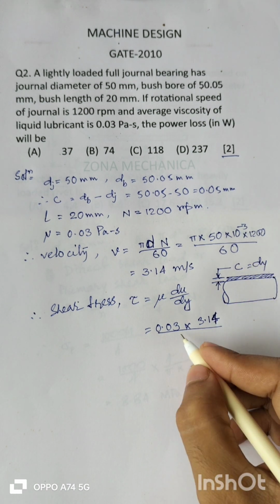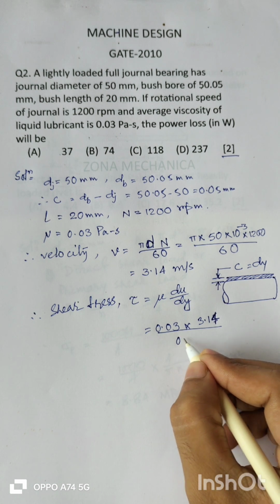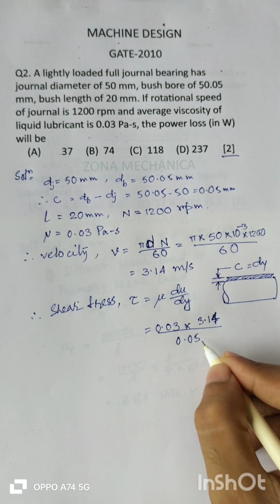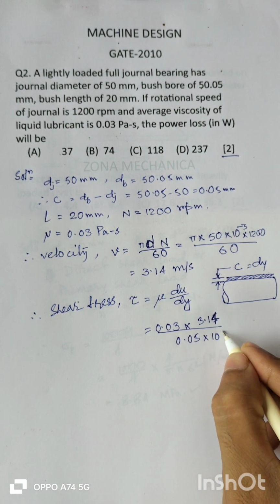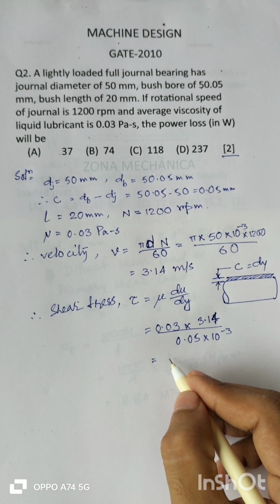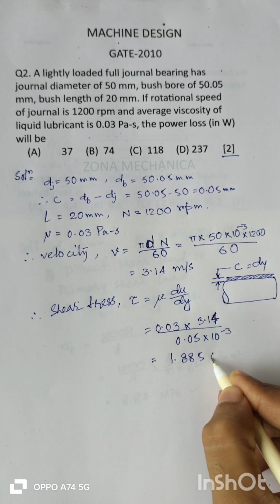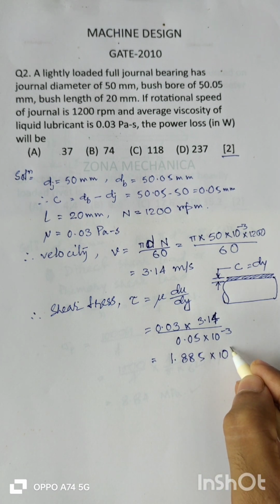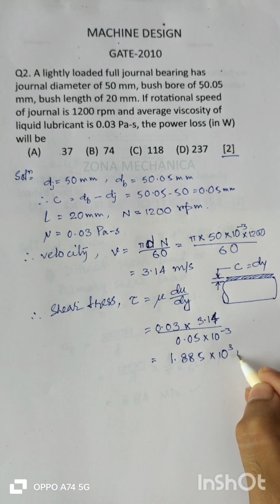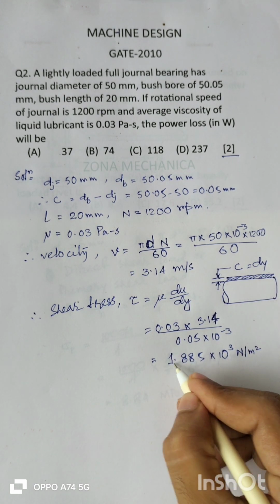So dy is equal to C, the clearance, 0.05 multiplied by 10 to the power minus 3. This will give 1.885 multiplied by 10 to the power 3 Newton per meter square. This is the shear stress.